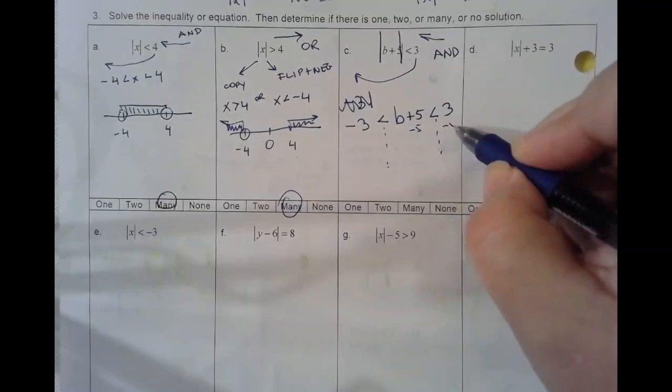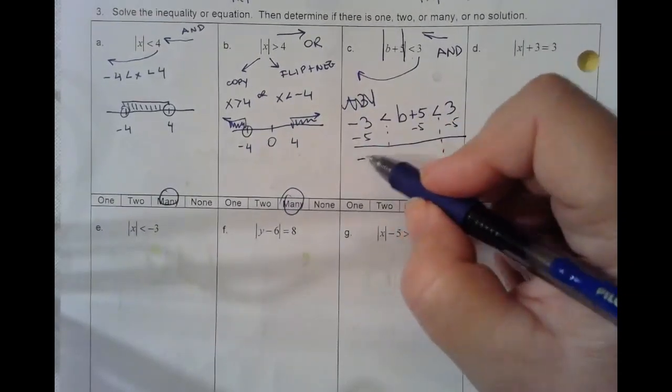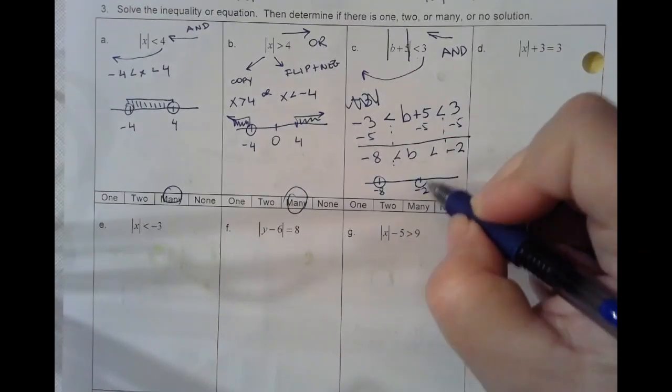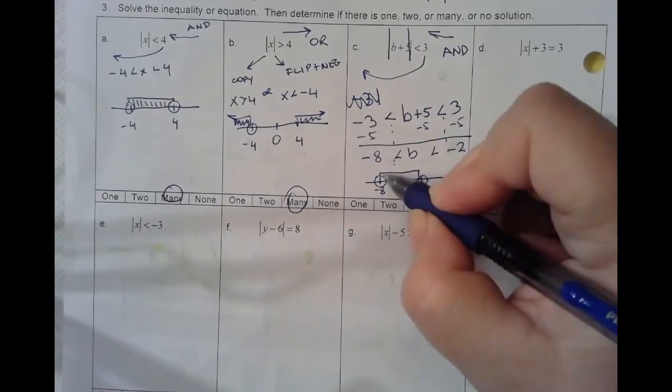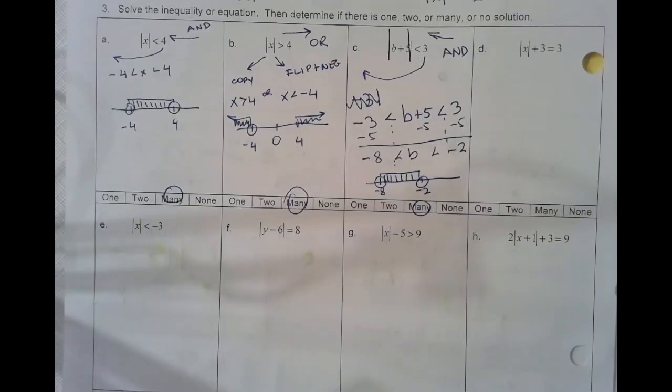So I would subtract 5, and I subtract 5 on both ends. So negative 8 is less than b, which is less than negative 2. And this goes from negative 8 open to negative 2 open. And because this is an AND statement, I connect, and the solution is many solutions.